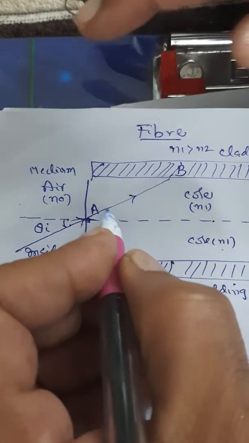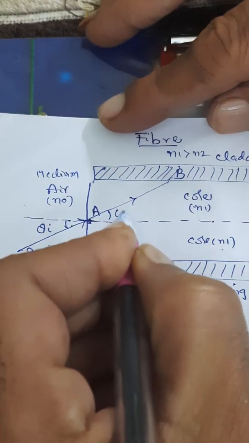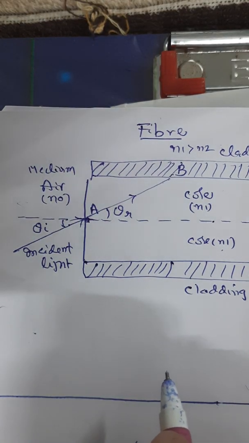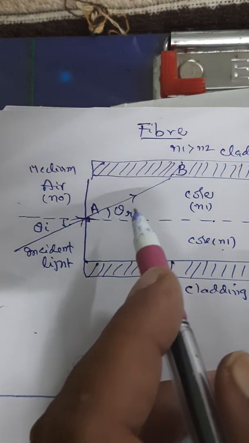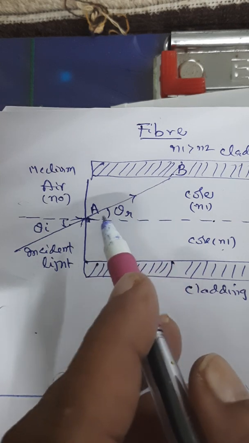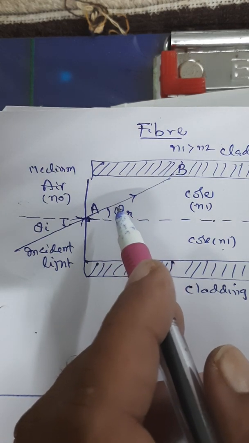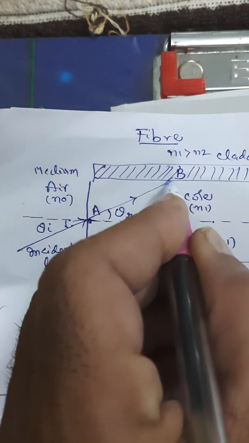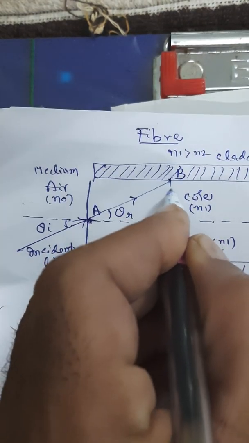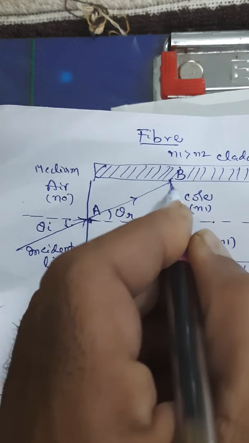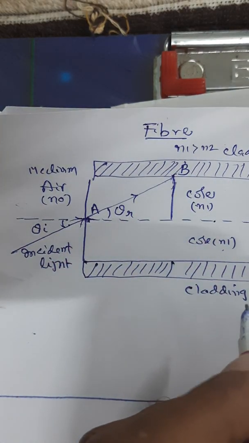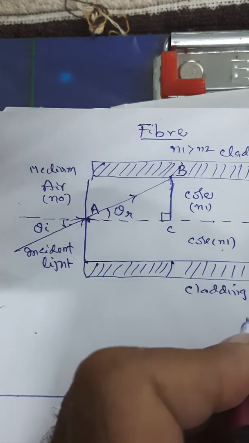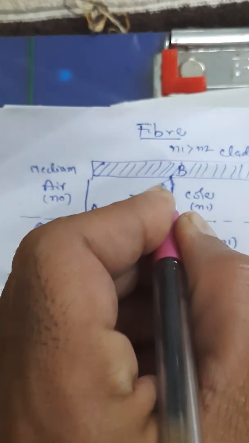Now this angle is theta R. Theta R is the angle of refraction at the point A, right? And here, if you draw a normal, call it as point C. This is the right angle. This angle is theta.